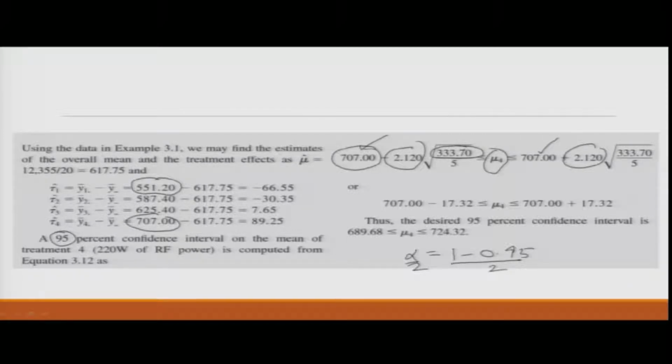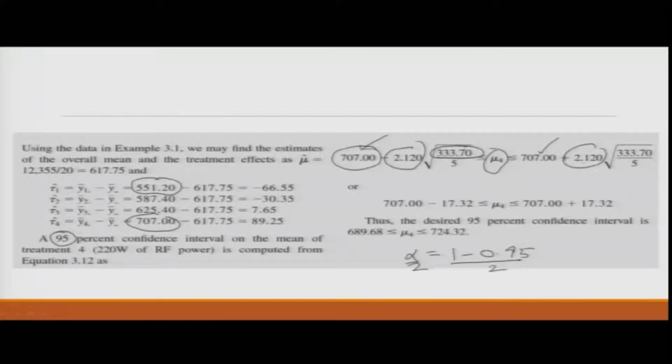The value of 2.120 and plus and minus remains the same, because the sample size n for each and every treatment is constant here. If you remember, I had mentioned that when we were doing the problem, and hence the t values remain the same. This n value, which is 5, is the same, and we do the calculations accordingly, and obviously the alpha value is the same here. If you want to change the values of alpha, the changes for this problem are just shown on the slides.